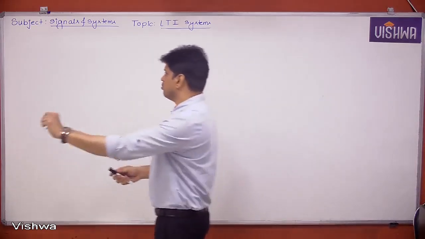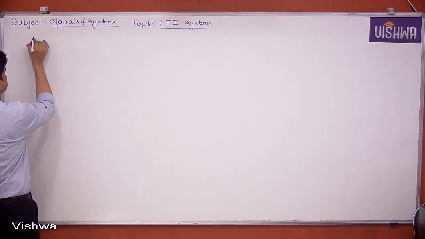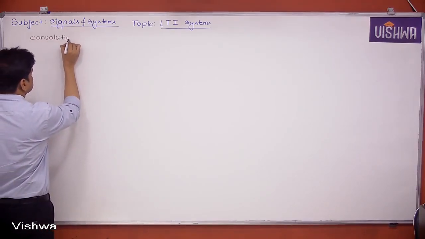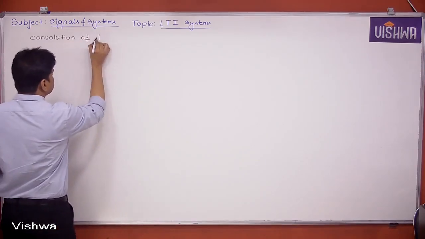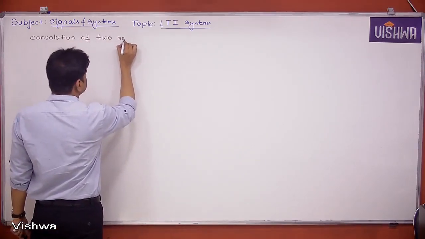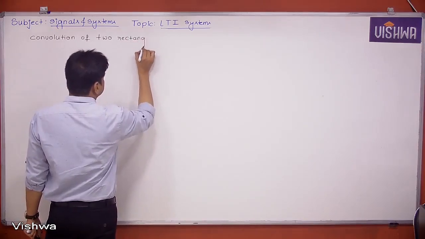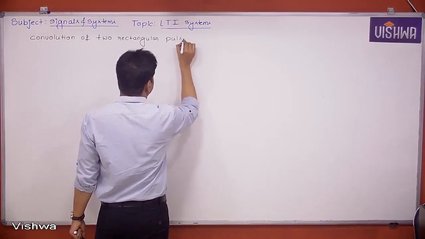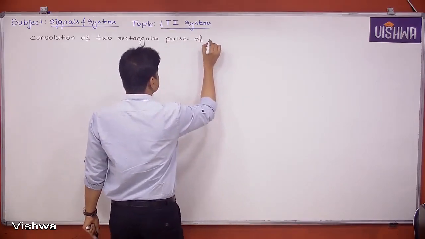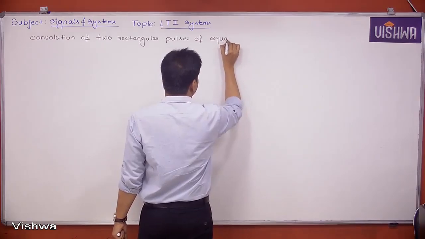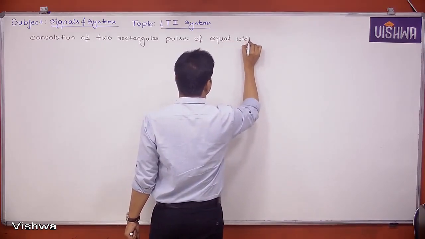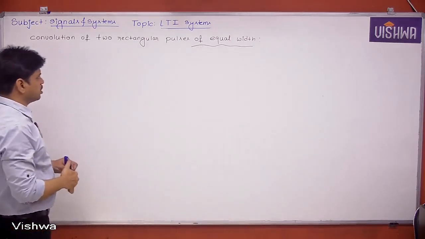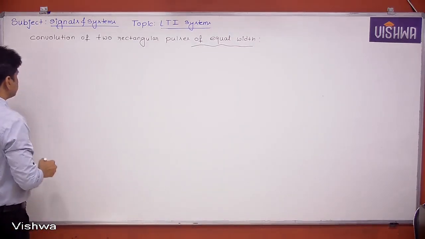Next, a very important thing, which is convolution of two rectangular pulses of equal width. Let's take one example.